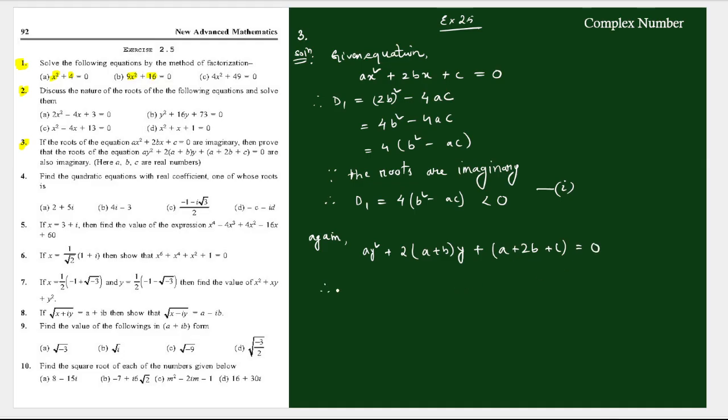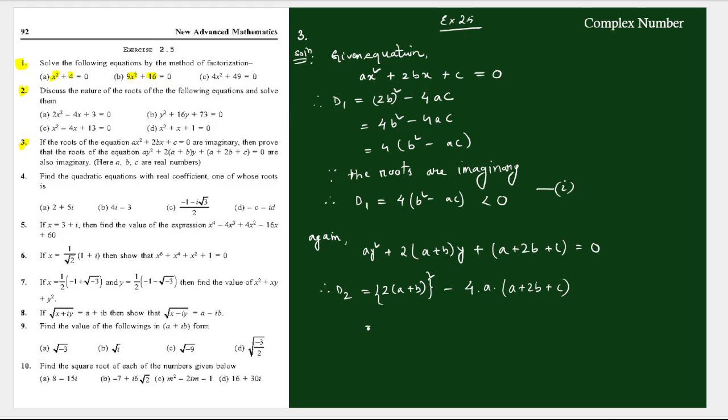So let's find out d2. It will be (twice of a plus b) square minus 4a times (a plus 2b plus c).